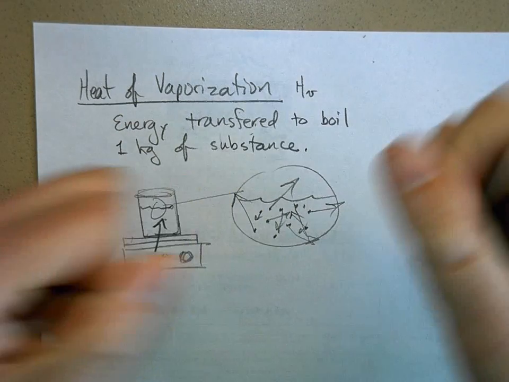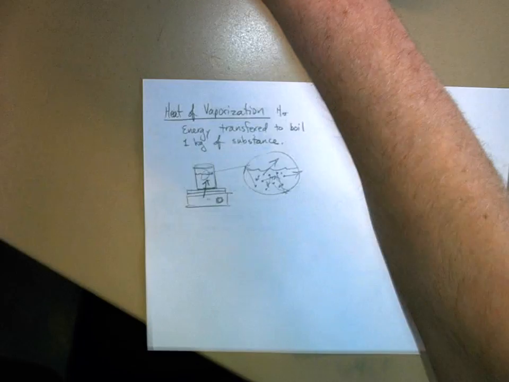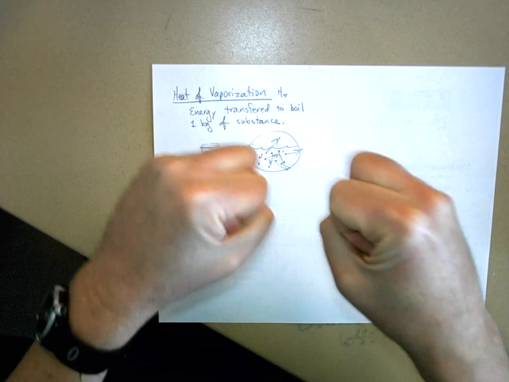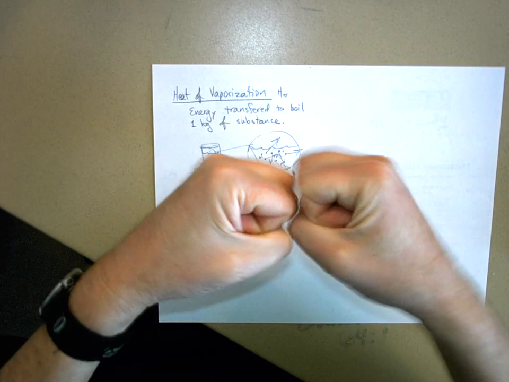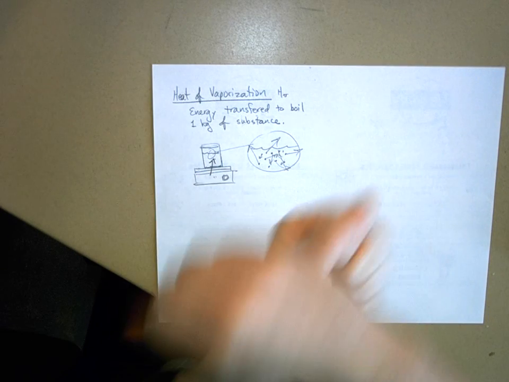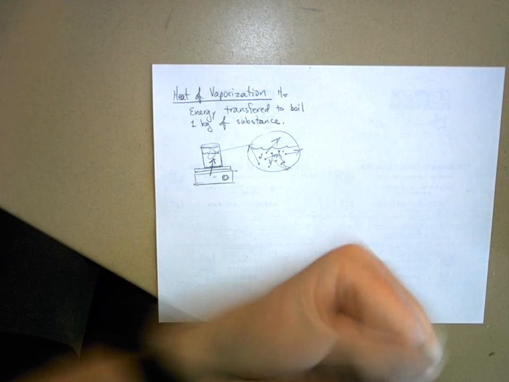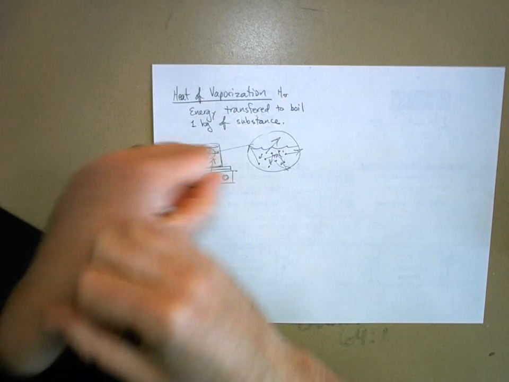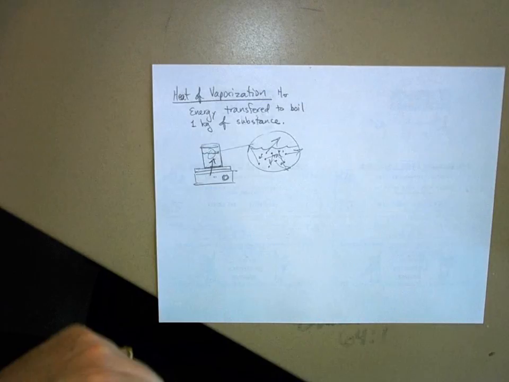Let me zoom all the way out here. The water molecules, when they're frozen, they hold each other in place. They jiggle, but they hold each other in place. And then when they're a liquid, they can slip around each other. They're moving fast enough where they can't hold each other in place anymore, but they can slip around. And then every once in a while, one of them will go so fast that poof, it just takes off.